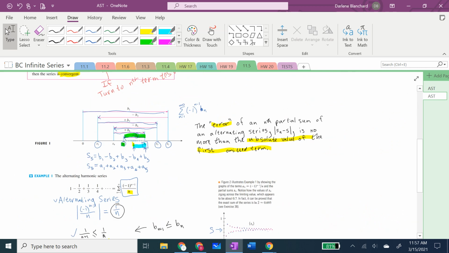So that means that if I have added the first 5 terms together, the absolute value of my first omitted term is the positive value B sub 6.